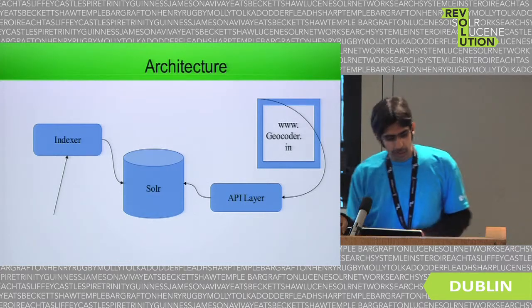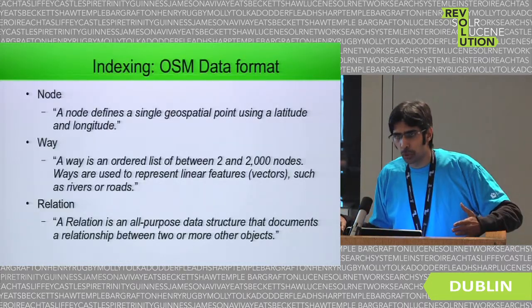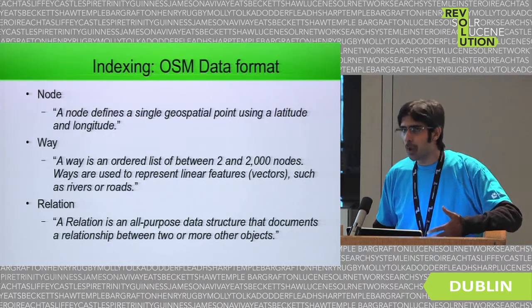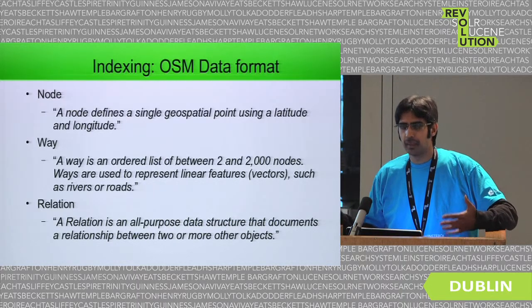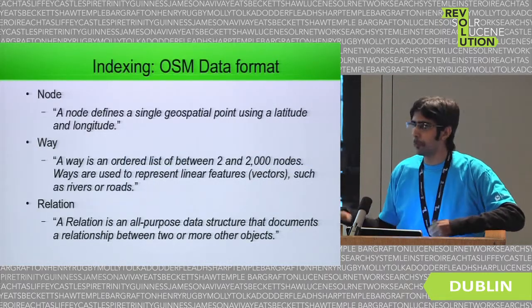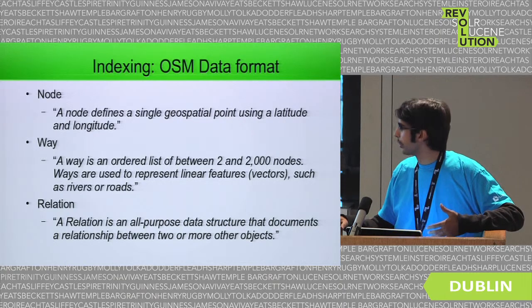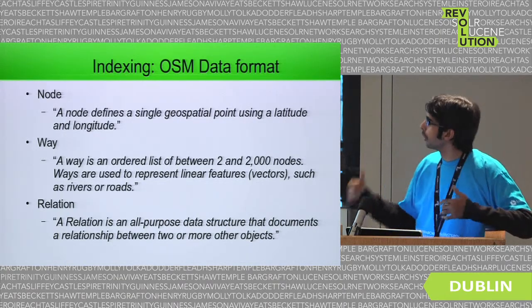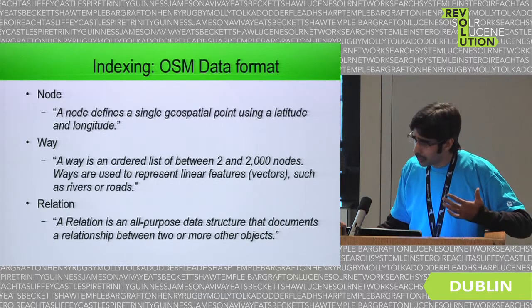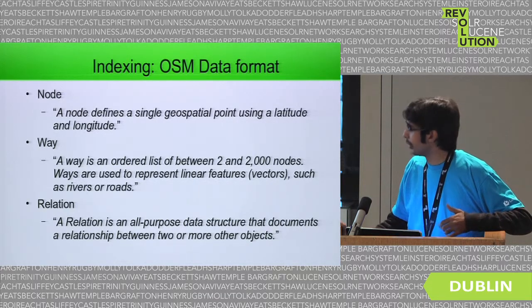So to understand what is going into the Solr index by way of the indexer, and how the OpenStreetMap data is organized, we have to understand three basic constructs, three basic elements that make up the data: a node, a way, and a relation.